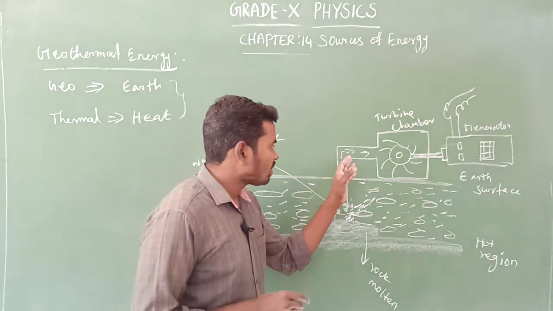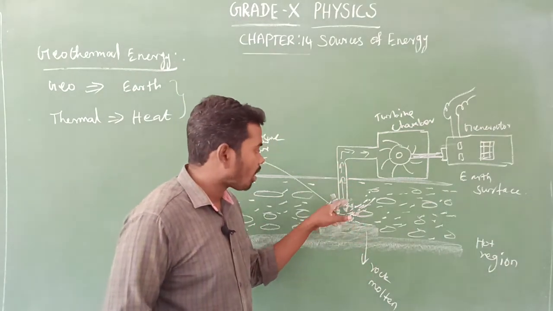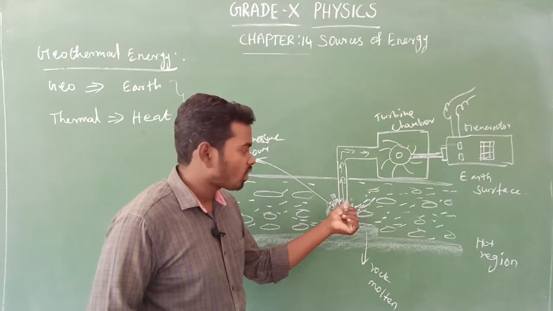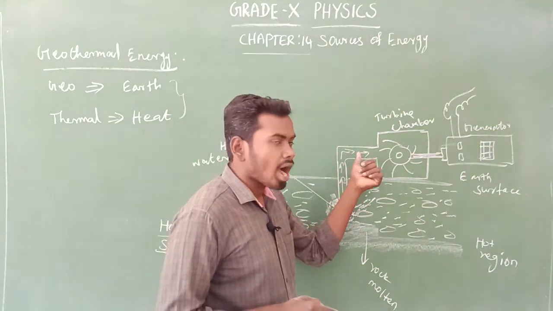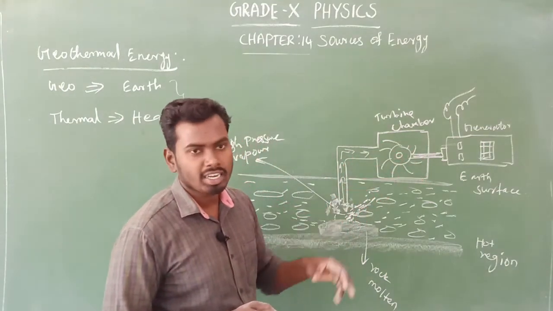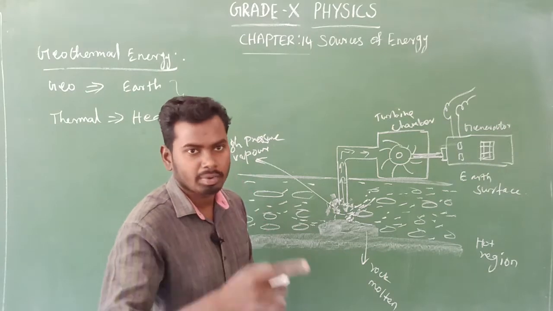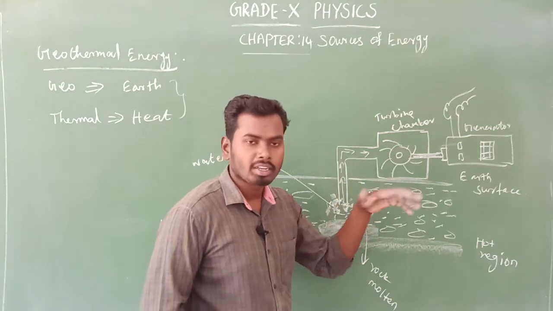Okay, yes. When we drill the earth's surface into the hot spot, the highly pressurized water vapor comes through this pipe, and this high pressure steam passes through the turbine chamber. In the turbine chamber there will be a propeller, which means a turbine. Due to this high pressure the turbine starts rotating.